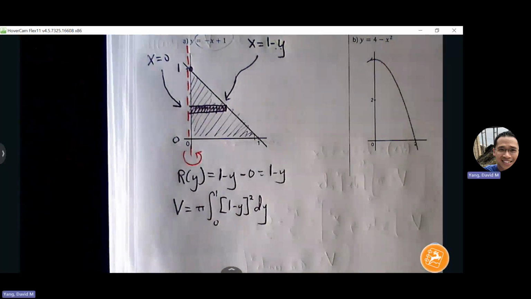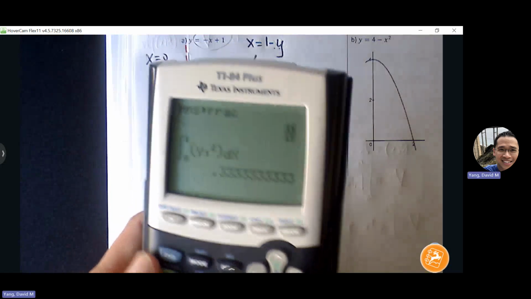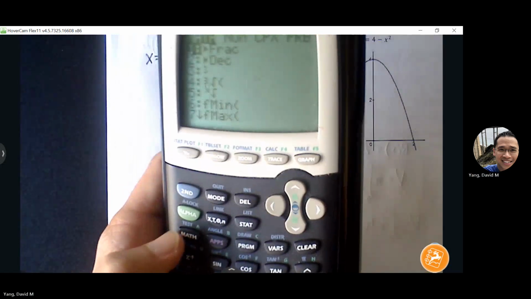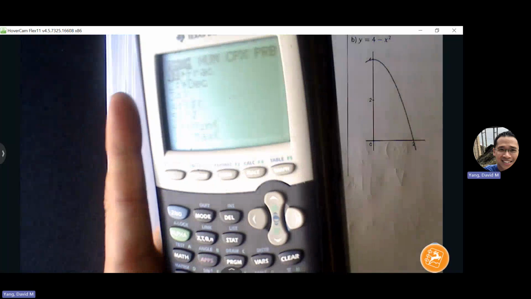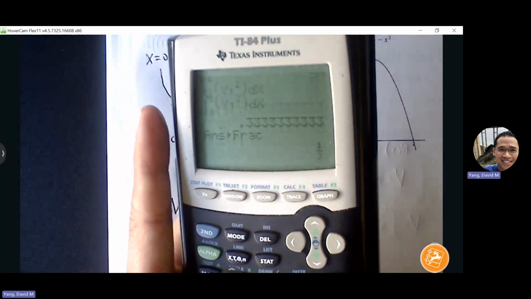Now we can put it into our calculator. Again, what variable do we always use in the calculator? Yes, even though on paper I want to see y, in the calculator you're going to use x. I got 0.333. If I do math, 1, it gives me that fraction, 1/3.